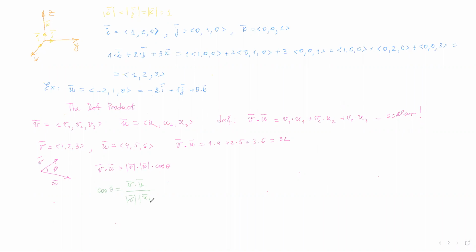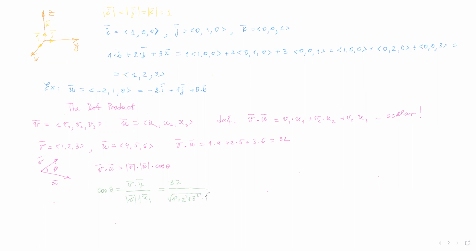Why don't we practice with our known vectors u and v and see how it's going to work? We already do know the dot product between u and v, it's 32, right? We just need to know the length of vectors. Length of vector v is the square root of the sum of the squares of each component.